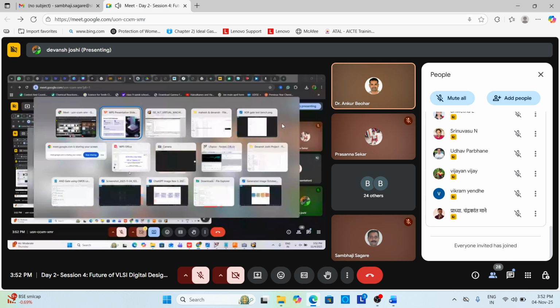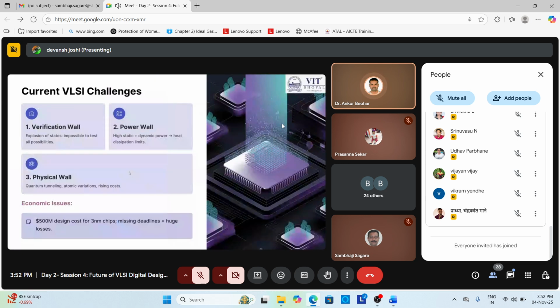So let us open another example. So we go for the verification wall that refers to the growing difficulty of verifying increasingly complex chip designs. Somehow there were described the design tools and methodology that can handle the complexity.